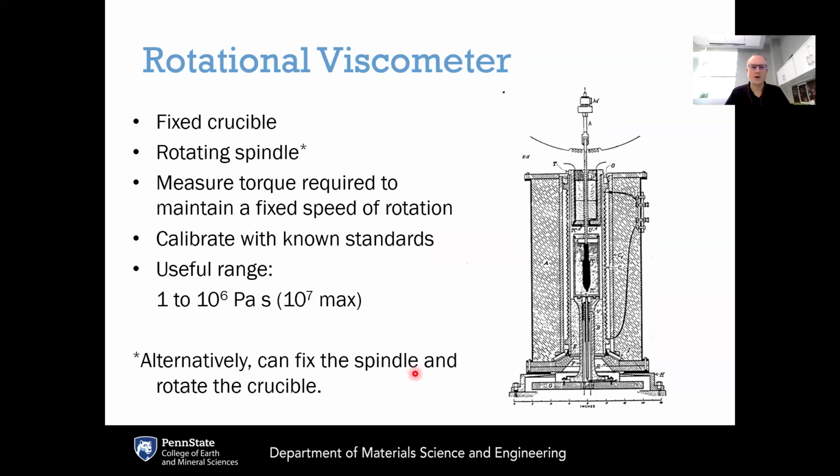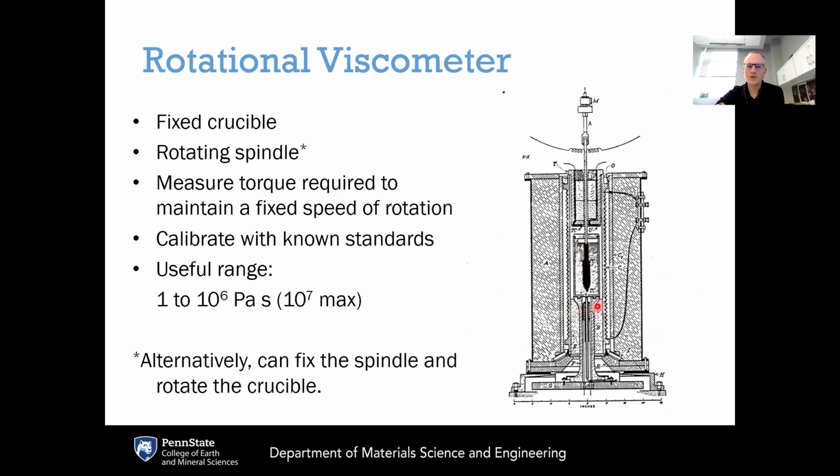So let's start with Margoul's rotating cylinder method, also known as rotational viscometry. You can see a picture of the setup over here on the right. Basically, the viscometer consists of a furnace, and that furnace is going to undergo some specified temperature path. Within the furnace, there is a crucible, and in that crucible, we place the glass to be melted.